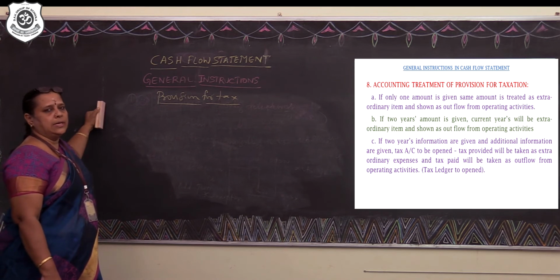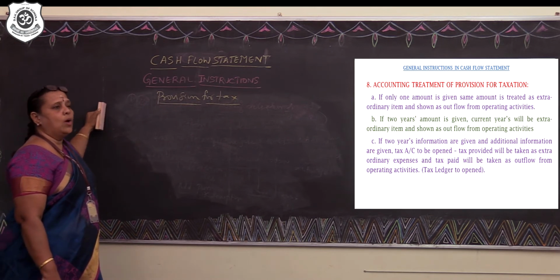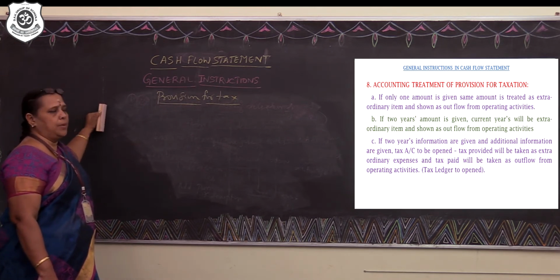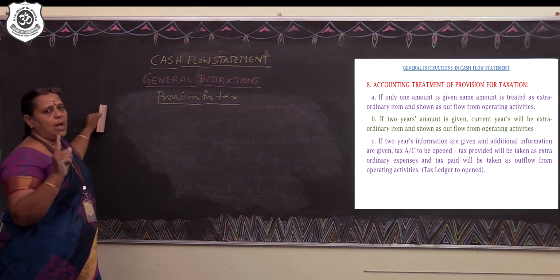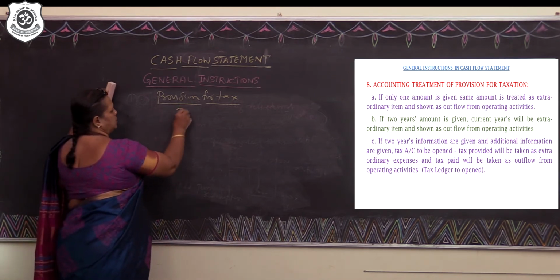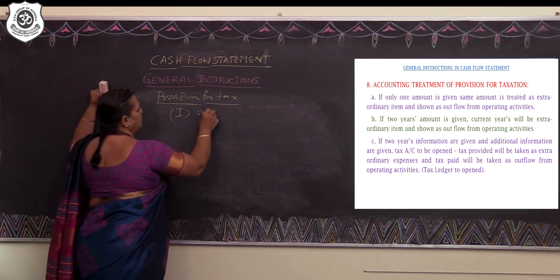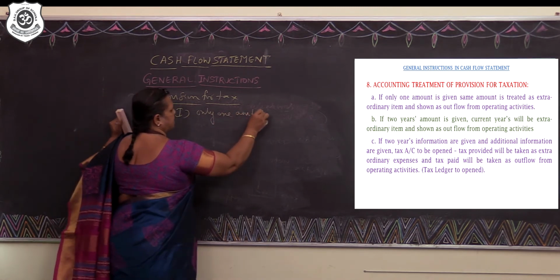Accordingly, the company will set aside a portion of its profits towards provision. So, that is what is called provision for tax. Now, how are we going to treat it in the cash flow statement? Number one, if only one amount of provision for tax is given, instruction number one, only one amount of tax is given.